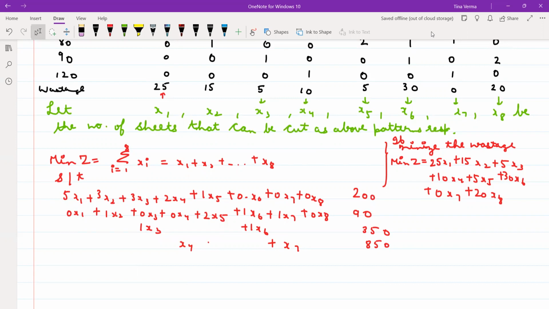If you have X1 number of sheets, you can cut 5 into X1 rolls. So the minimum requirement, because you have to satisfy the customer's demand, can be more. So the inequality sign will be greater than or equal to. And all your Xi, because it is the number of sheets, cannot be negative. Is it clear?